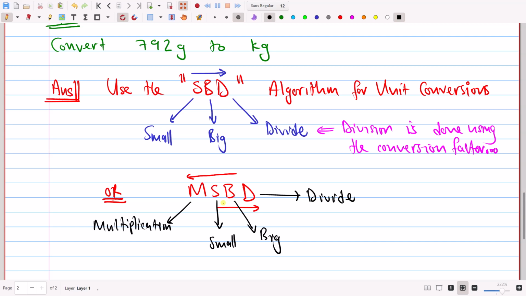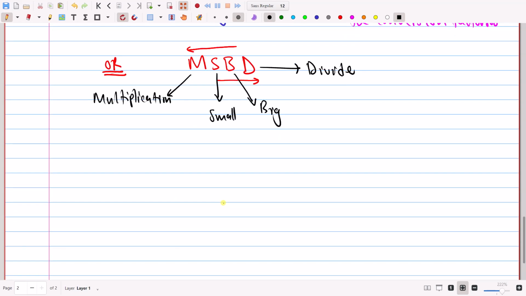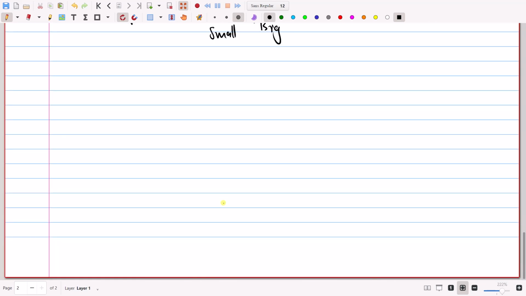Now that we know all this information, the next thing is to answer the question we're given. I want to convert from 792 grams to kilograms. Every time you want to convert from one unit to the other, you have to understand the relationship between them, so you have to write it down.